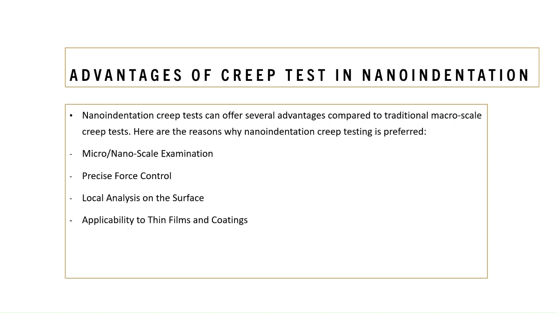This test examines the creep behavior of the material surface at micro and even nano scales. This provides more detailed information about the surface properties, surface structure and microstructure of the material.